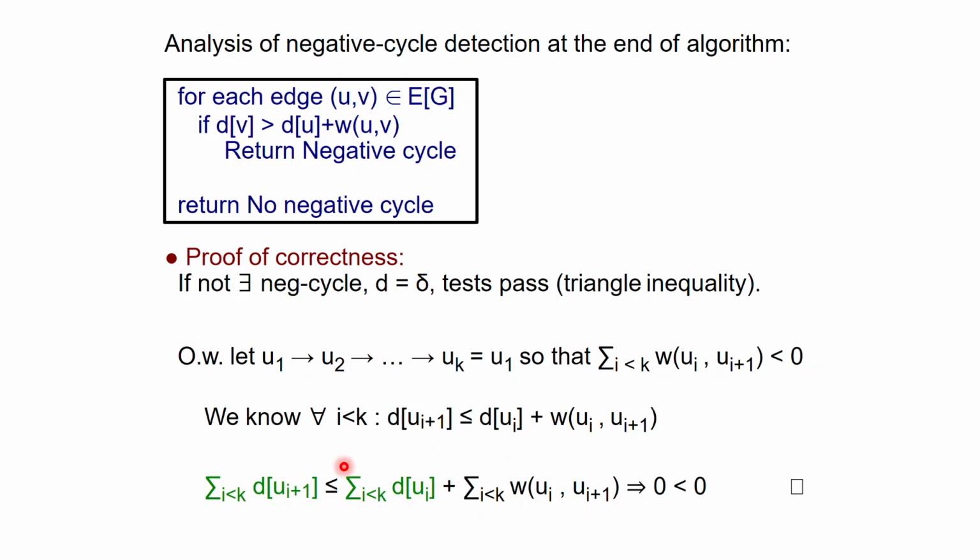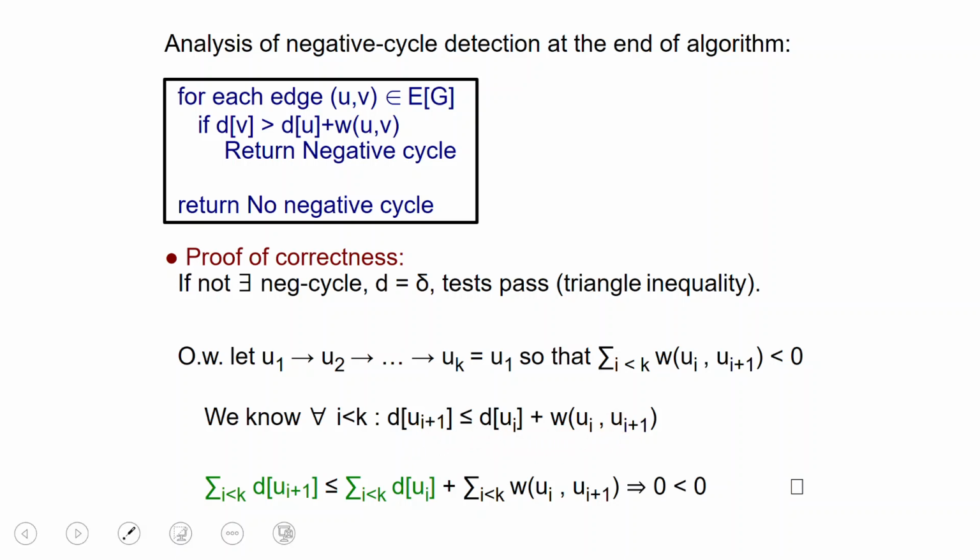Why is that? This follows just because this thing here is a cycle. And then this sum here of the weights, by assumption, it's a negative weight cycle, so it's going to be less than 0. So what we got here is that something is less than itself plus something negative. That's the same thing as saying that 0 is strictly less than 0. This doesn't make sense, which means that the algorithm will actually detect the negative weight cycle at some point.